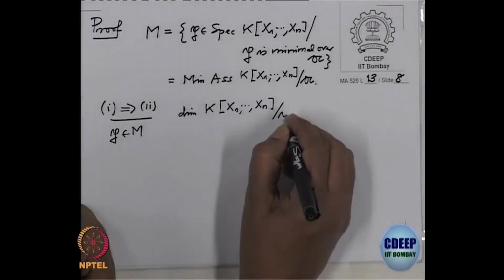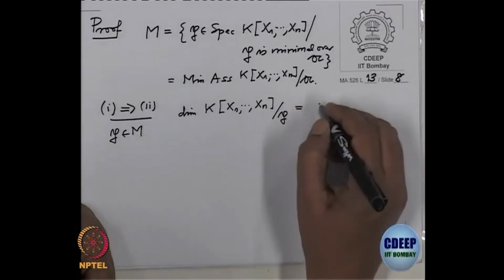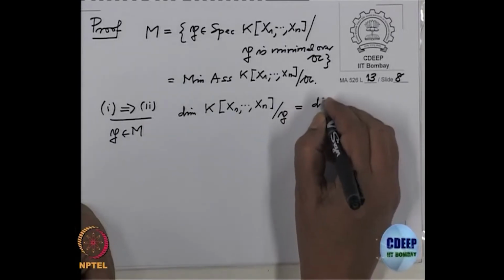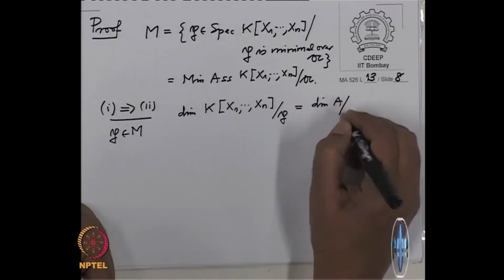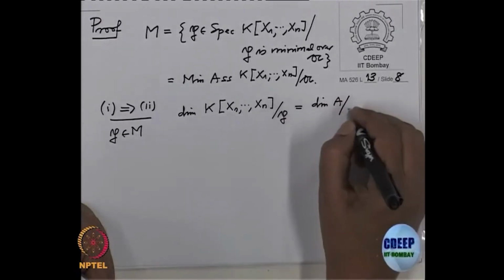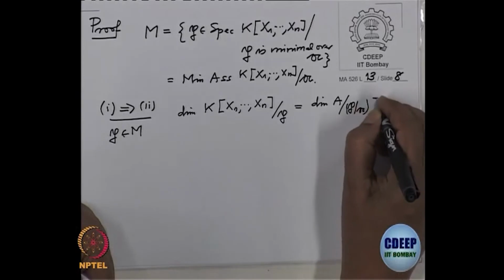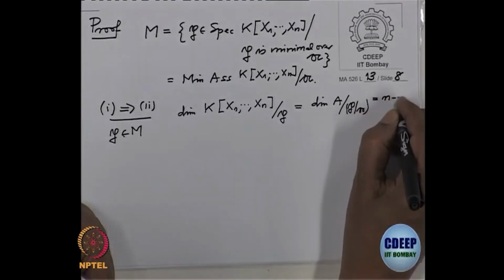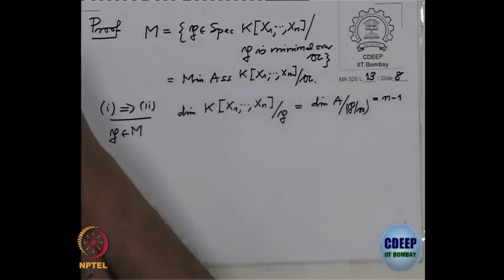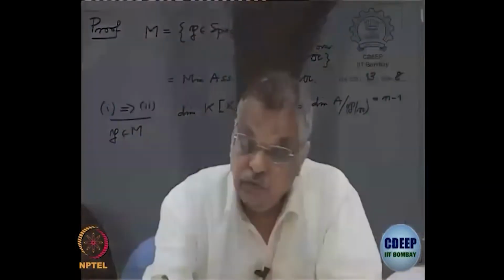then this dimension is the dimension of A by the image of P mod A, but this is n minus 1 because of our assumption, because we are saying A is equidimensional of dimension n minus 1. That means all minimal prime ideals, all irreducible components, will give the same dimension.